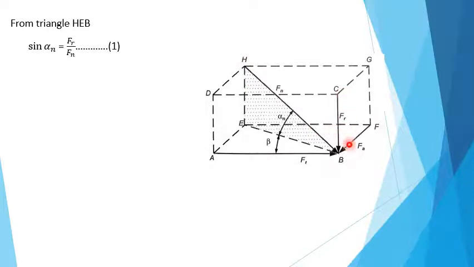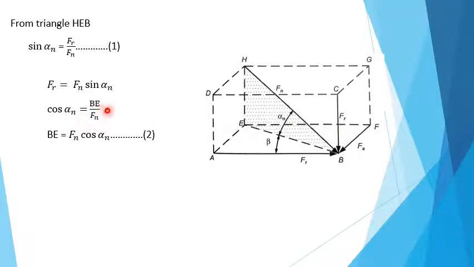HE is equivalent to Fr, and BH is nothing but the normal force Fn, so it will be Fr by Fn. Let's take it as equation number 1. Therefore Fr can be written as Fn into sine of alpha n. And if you take cos of this angle alpha n, it will be BE divided by Fn. Therefore we can write BE as Fn into cos alpha n. Let us take it as equation number 2.